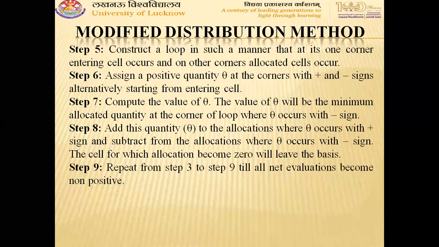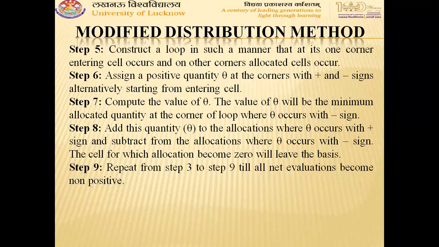Then compute the value of theta. The value of theta will be the minimum allocated quantity at the corners of the loop where theta occurs with minus sign. That is, we consider the corners where we have written minus theta, take their allocated quantities, and the minimum of those is equal to theta.